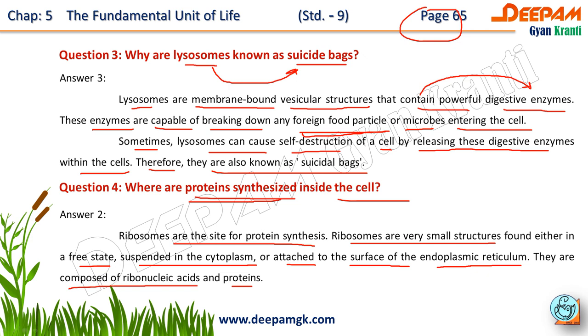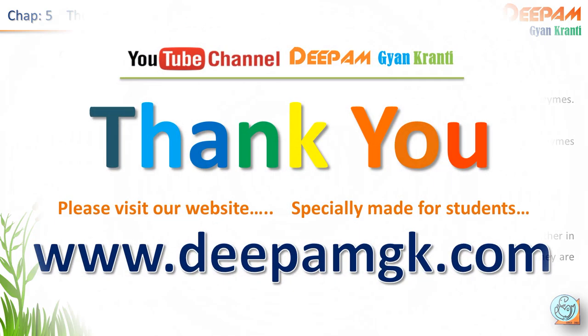So we can say that for protein synthesis inside the cell, ribosomes are very small structures and need very little space, so proteins are easily synthesized.